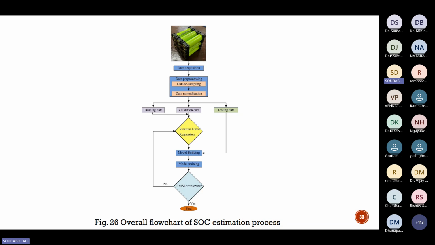Then data resampling is required, because there may be some data which doesn't have consecutive samples. For example, if we collect data at sample times 1, 2, 3, 4, there may be a case where we get the data at one, then three, like that.